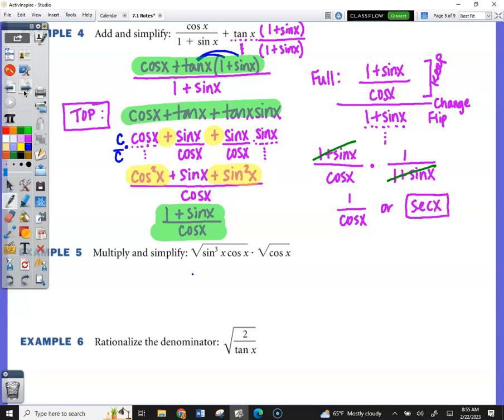All right, so we've got the square root. Sine cubed is still there because there's no like term over here to condense it. But then you have cosine x times cosine x. I can write that condensed as cosine squared x, right?